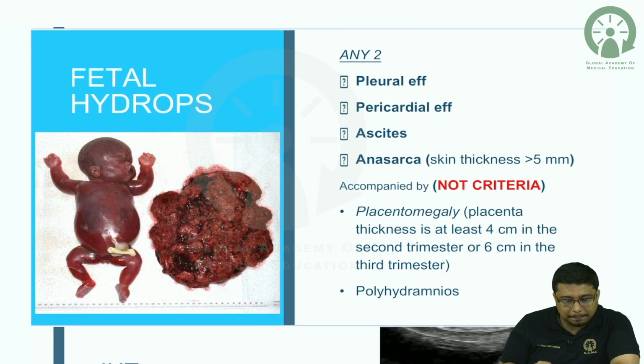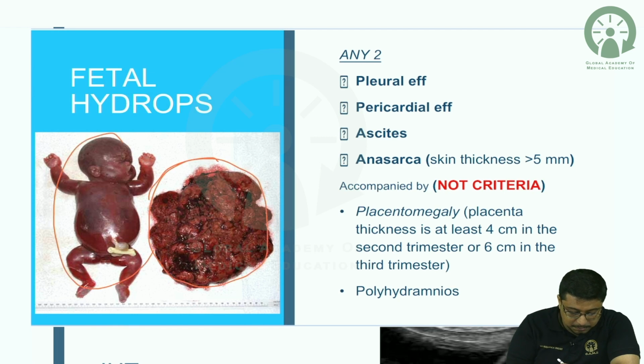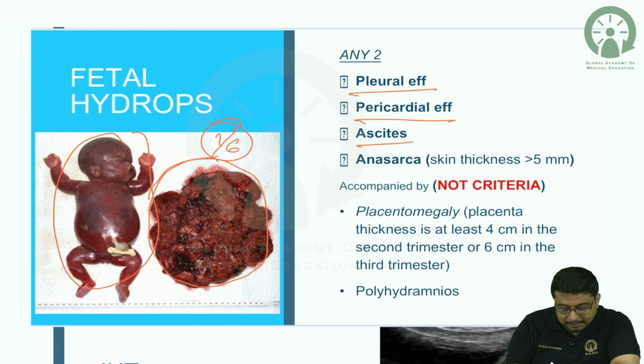So what can happen if the fetus is getting severely anemic? The fetus can develop hydrops. So here you can see a hydrops baby, and you can see the placentomegaly, like the placenta is as big as the fetus. Usually the placenta is 1/6 of the fetus, right? So what is the criteria for fetal hydrops? There should be pleural effusion, pericardial effusion, ascites, or anasarca. Anasarca is generalized skin thickness more than 5 millimeters.